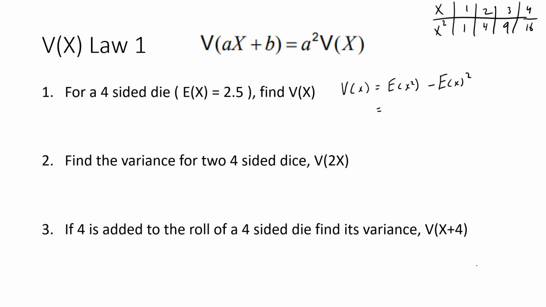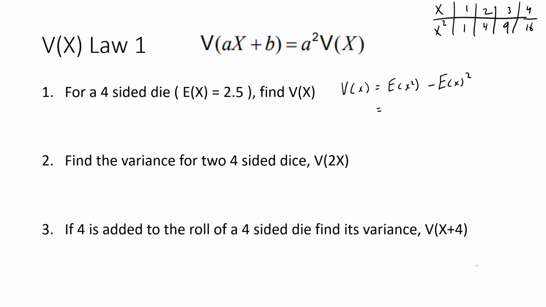And since the chance of all of these happening is 1 over 4, we can add them all together and divide by 4 instead of multiplying each of them by their chance of happening and getting the expected value that way. So if we add them all together, we will get 30.